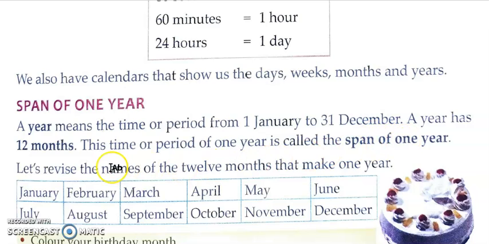A year has 12 months. This time or period of 1 year is called the span of 1 year. So this is the time for the 1 year. It's called span of 1 year.